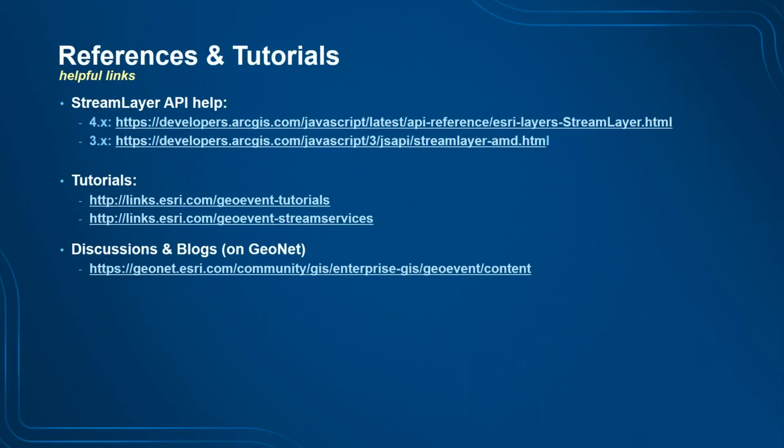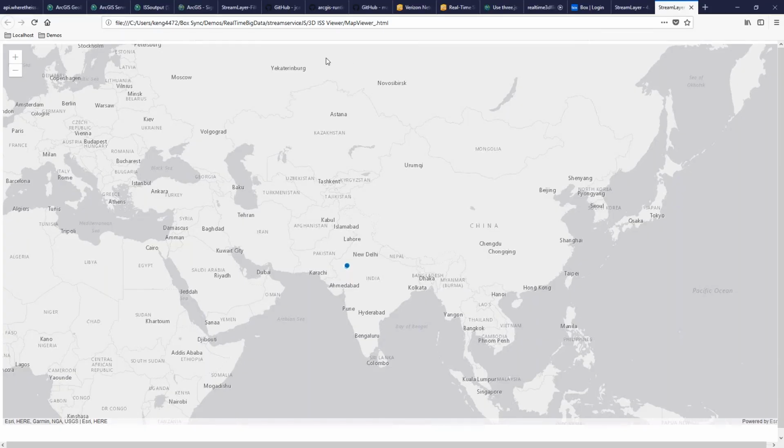There's also a lot of documentation on the JavaScript API, as well as some tutorials, discussions and blogs on GeoNet that you might benefit from. So let me switch back over to my browser here, and we'll take a look at some of those.